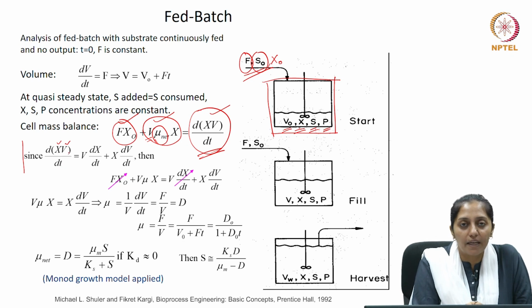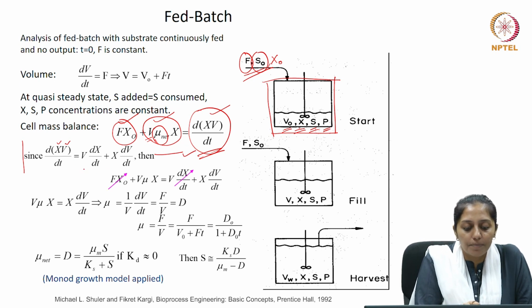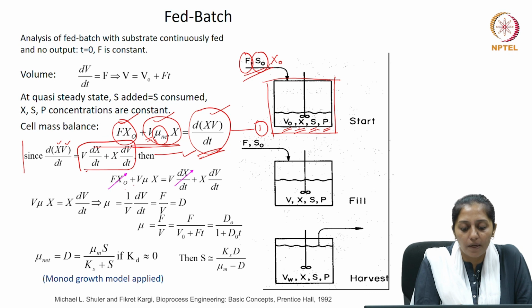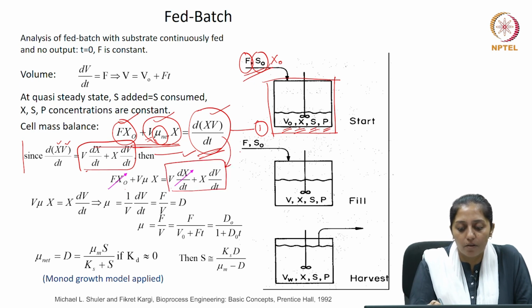So now if you expand the differential, then you get V dX by dt plus X dV by dt. I hope this is clear now. Then if you substitute this in the previous equation, we have F X naught plus V mu X, and we have copied the second form in place of d(XV) by dt.